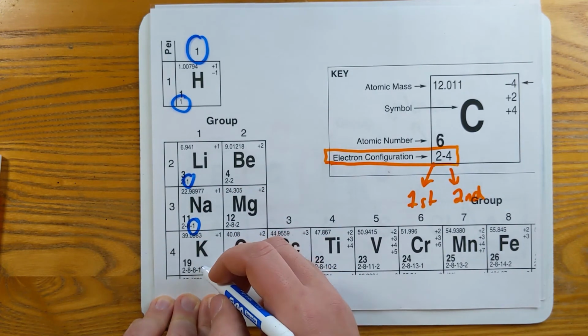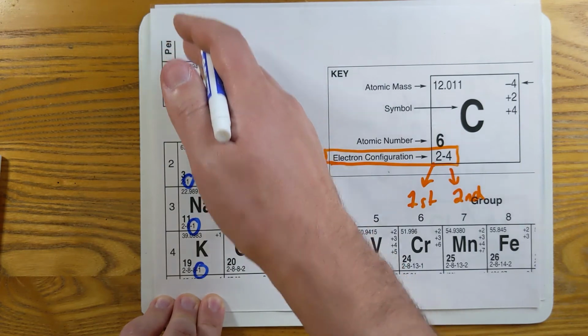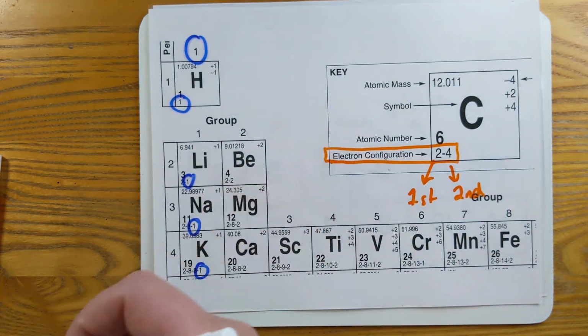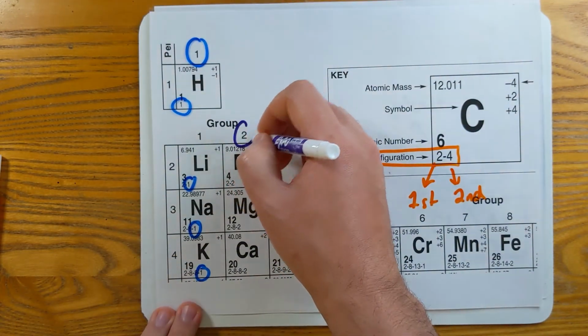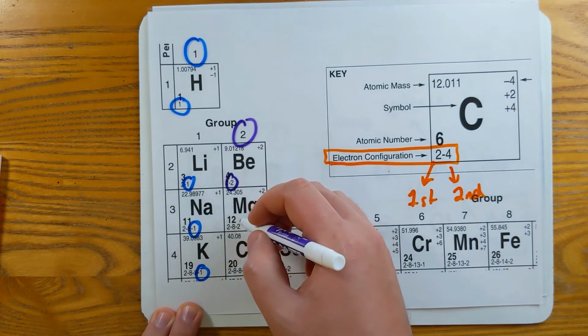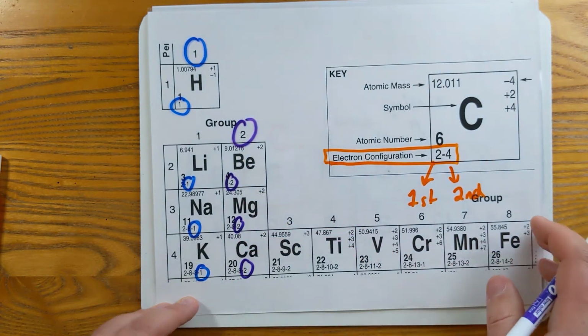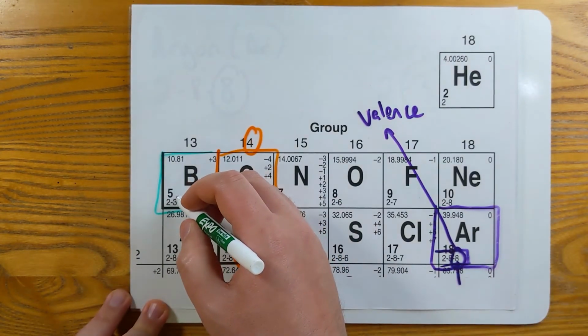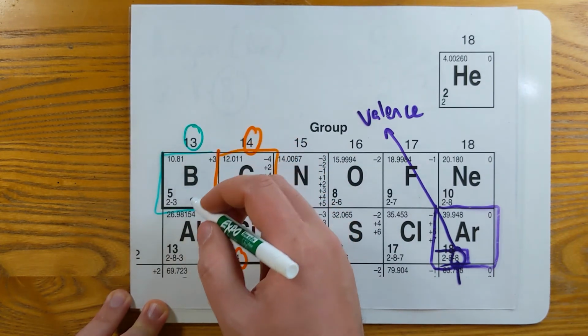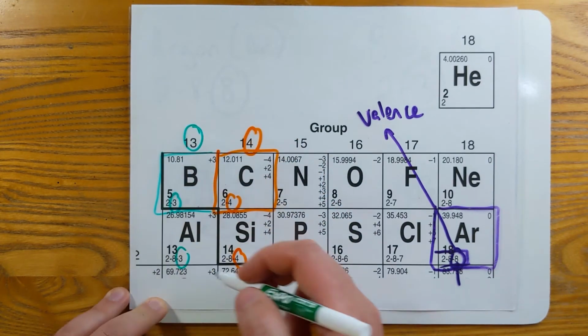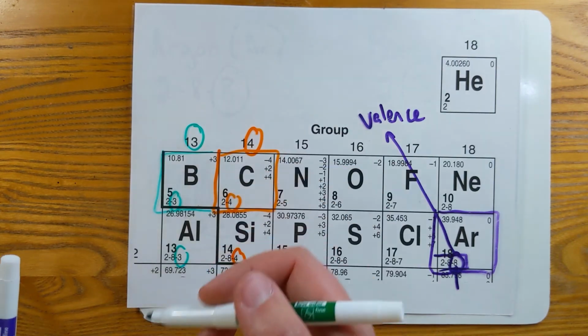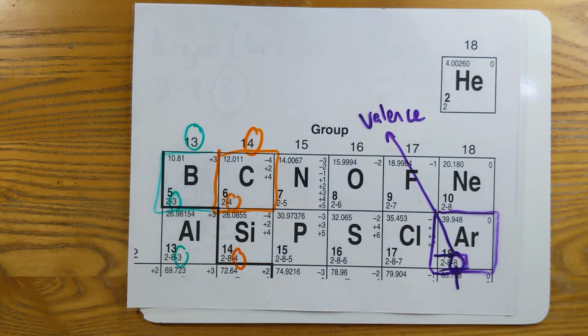Sodium, 1 valence electron. Potassium, 1 valence electron. So everything in the first group has 1 valence electron. Everything in the second group has 2 valence electrons. All elements in the 13th group have 3 valence electrons. 14th group have 4 valence electrons. And so on. You get the idea.